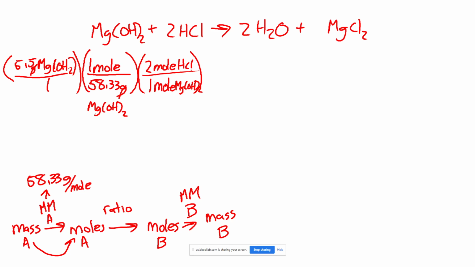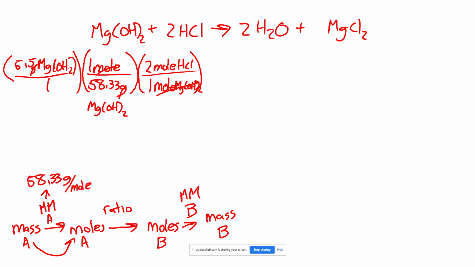So when you're doing this step, you're just taking whatever the number is in the coefficient here and just plugging it in. And just remembering that if there's no number, then it's assumed to be 1. So we had 1 and we had 2. So now my moles of magnesium hydroxide are gone.